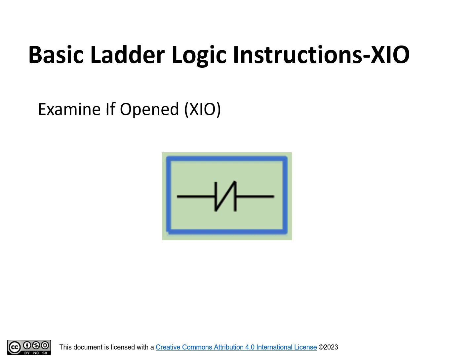Examine if opened, XIO. This instruction, also called examine off or normally closed, as shown in the figure, functions as an input or storage bit. If the corresponding memory bit is a 0, off, this instruction will allow continuity to energize the corresponding output coil.